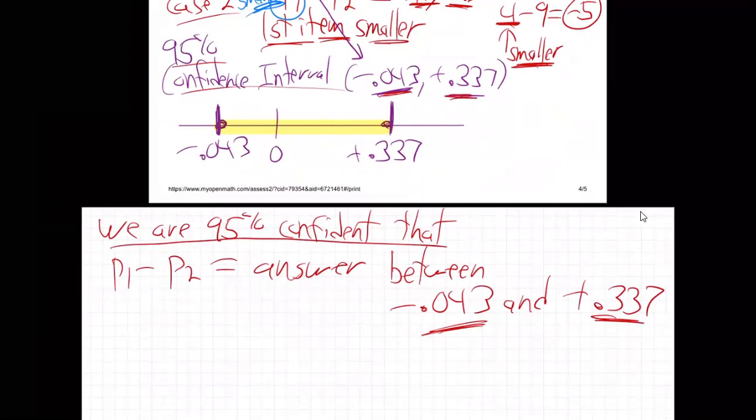We're saying that we're 95% confident that if you subtract P1 minus P2, your answer will be between negative 0.043 and positive 0.337, which means it could be anywhere in here, right? So what does that mean? The answer could be negative or positive, because in that interval there are negative numbers and positive numbers.